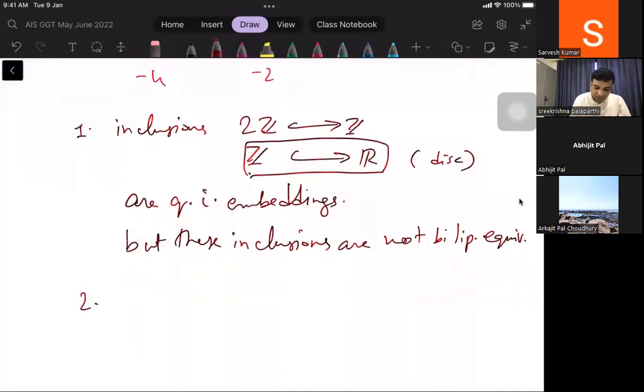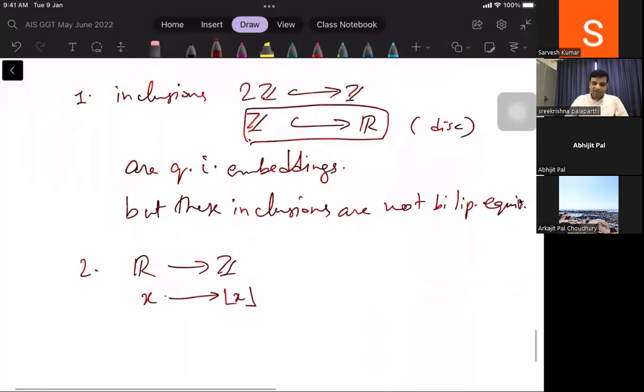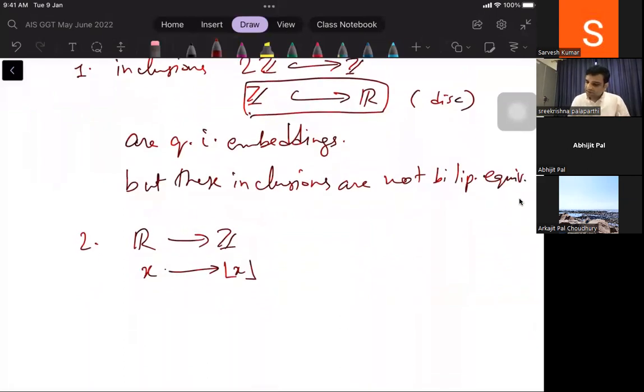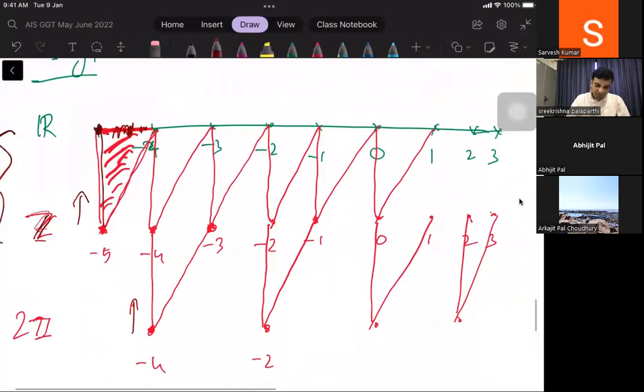And then, R to Z, you can give a map sending x to, like I said, the greatest integer which is less than it. So the floor function. And from Z to 2Z, now you're coming this way.